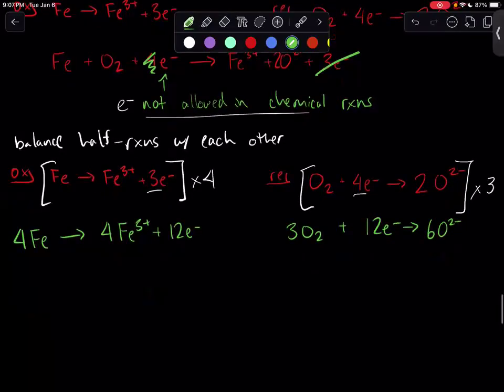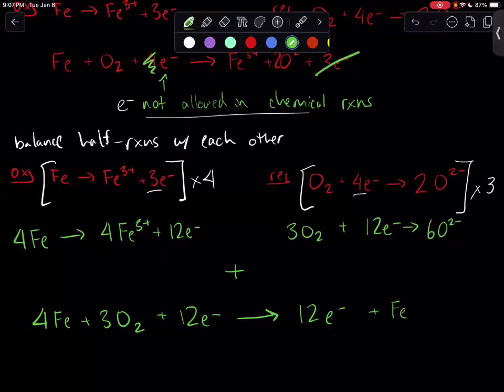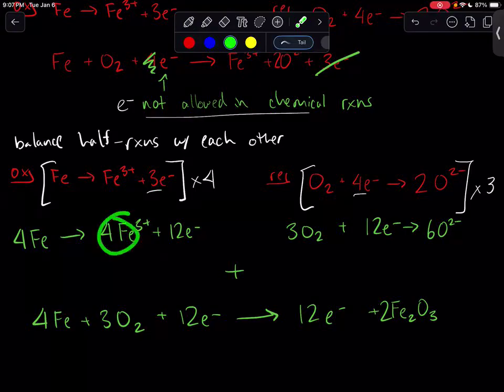Now when I combine these, so I sum them together, I get 4 Fe plus 3 O₂ plus 12 electrons reacts to form 12 electrons plus 4 Fe³⁺ and 6 O²⁻, which is 2 Fe₂O₃. I'm still maintaining that I have 4 iron and 6 oxygen.